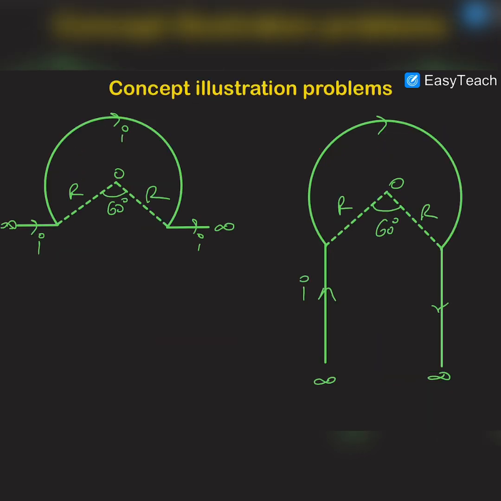You can see that in this problem, there is an infinitely long wire which is carrying a current like that.